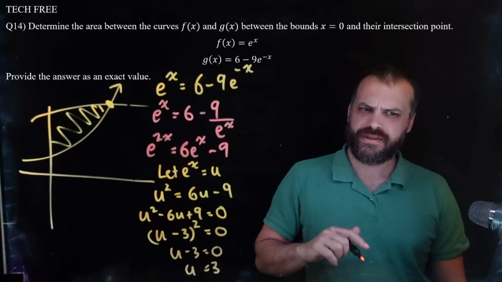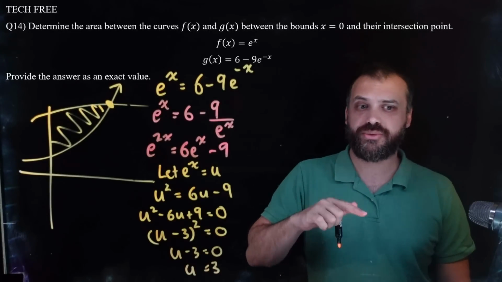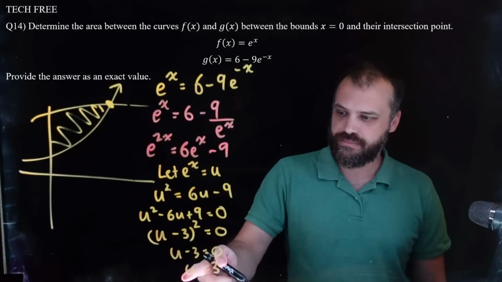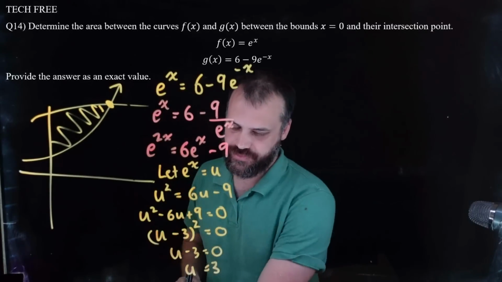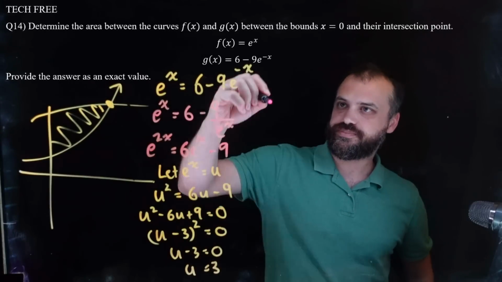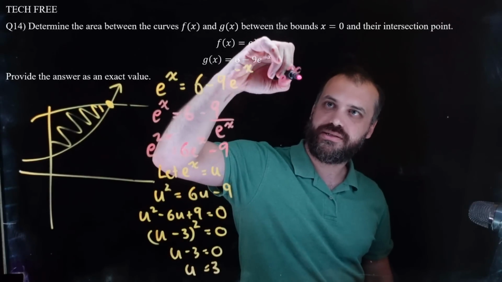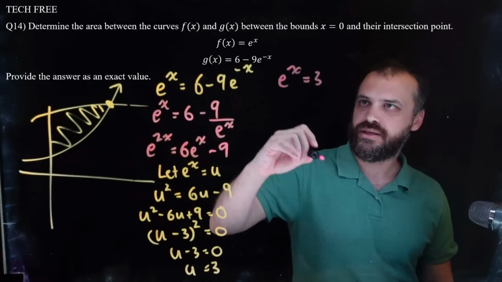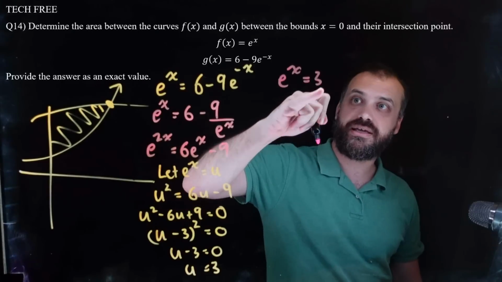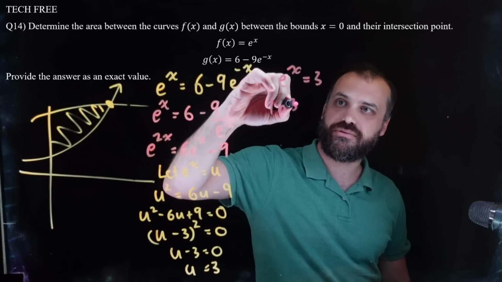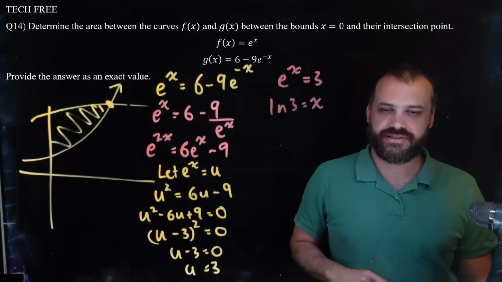Which means that u equals 3. I don't want to know what u is, I want to know what x is. Remember that u is e to the x, right? So, we can say e to the x equals 3, and we can write that in logarithmic form, log base e of 3, so ln 3 equals x.